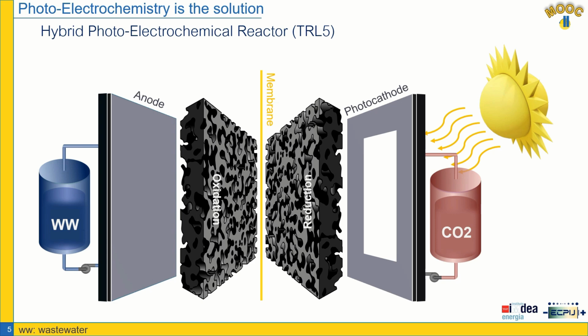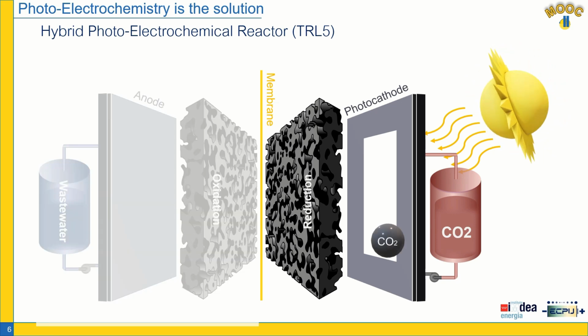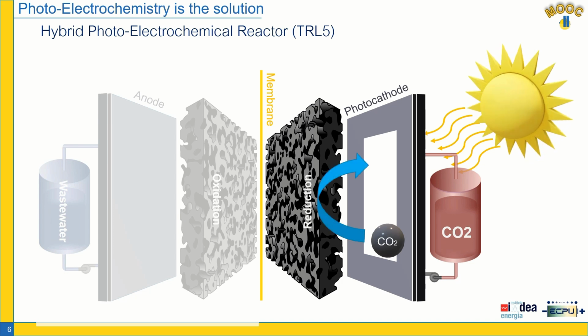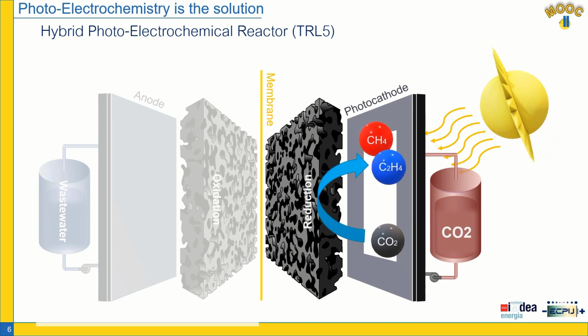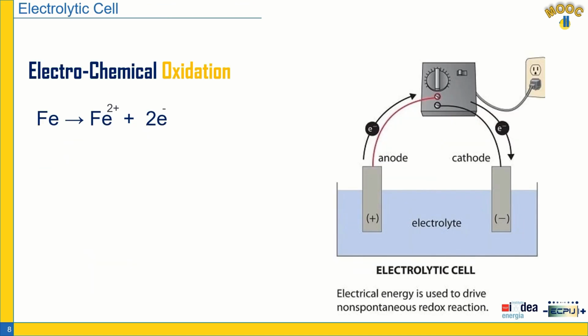Basically it's a photoelectrochemical cell where on the cathodic side we have a photocathode that reduces CO2 to products such as ethanol, ethane, methane, and other types of products. And on the anodic side, we remove organic pollutants by oxidation to CO2 and water. So let's see what's going on at the anode of this photoelectrochemical reactor.